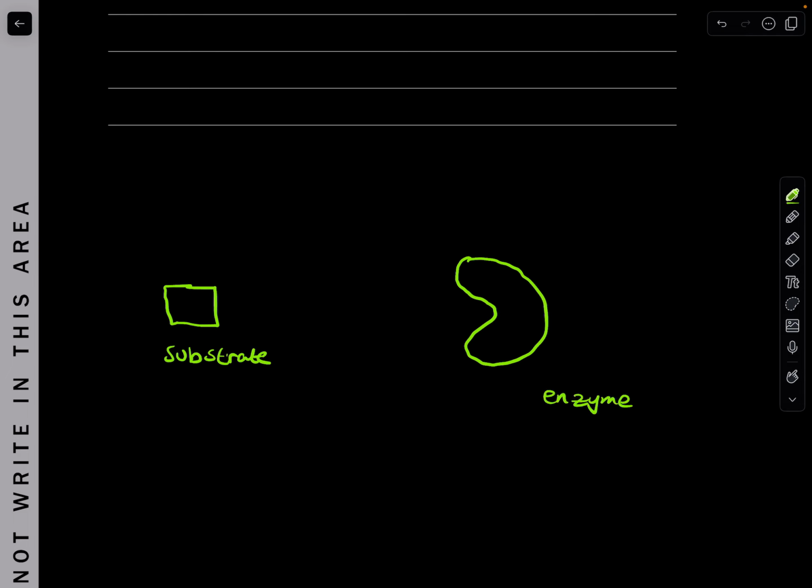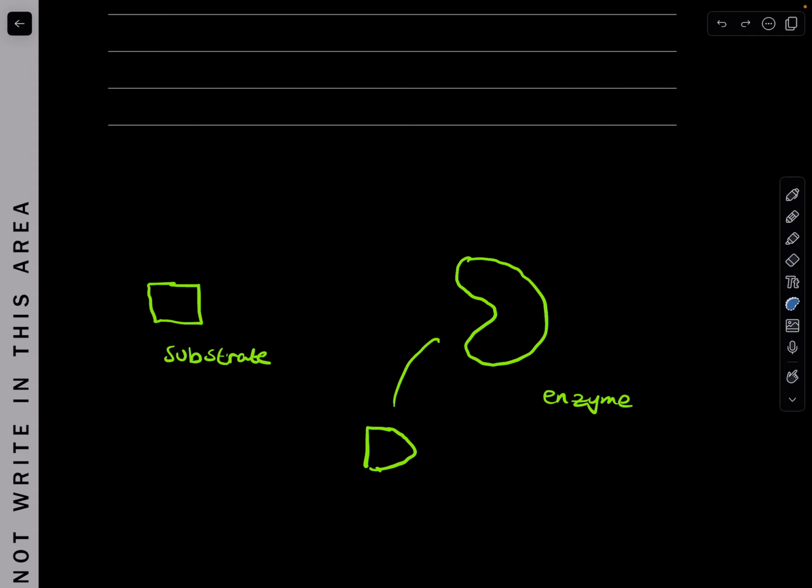Now, we know that if we take this substrate, it won't bind to the active site of the enzyme because it cannot fit properly. So what a coenzyme does is it attaches itself to the active site of an enzyme and changes its surface to enable this substrate to bind.